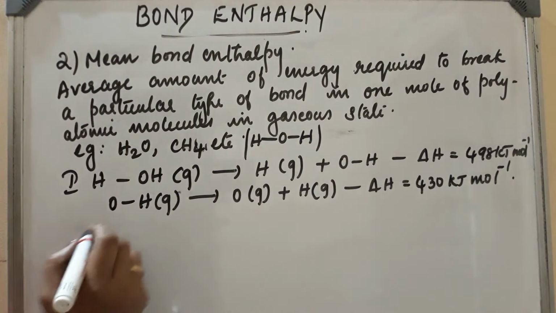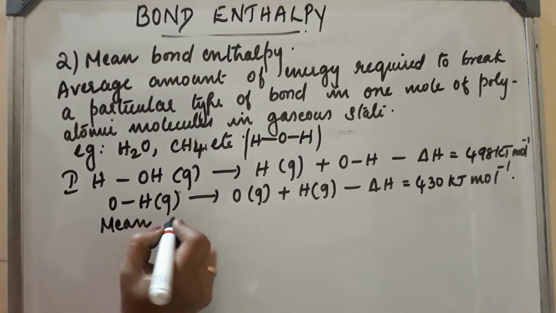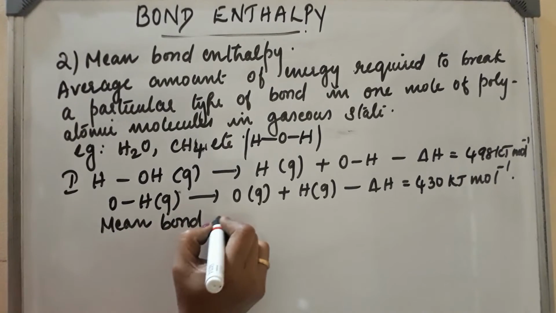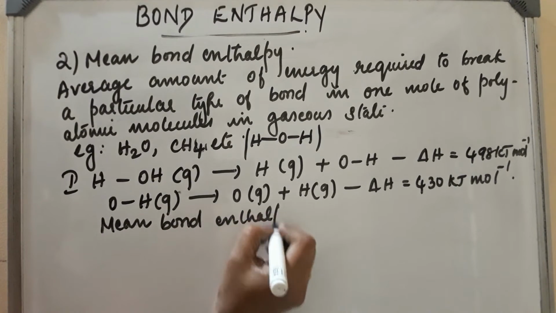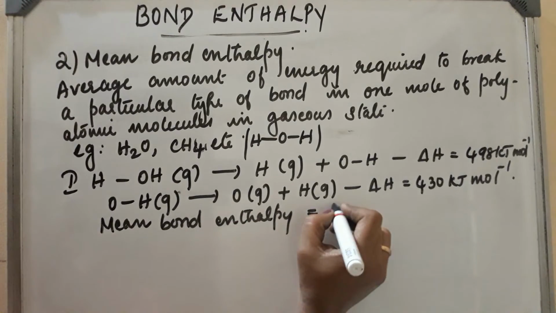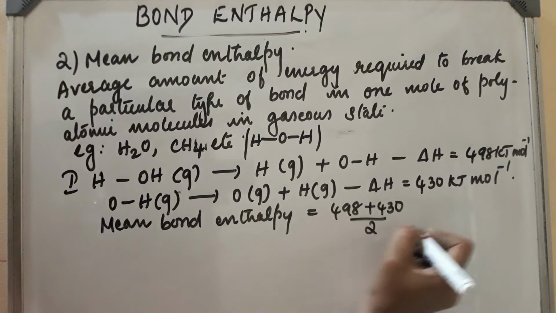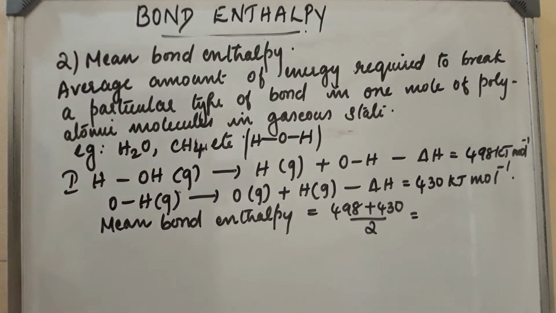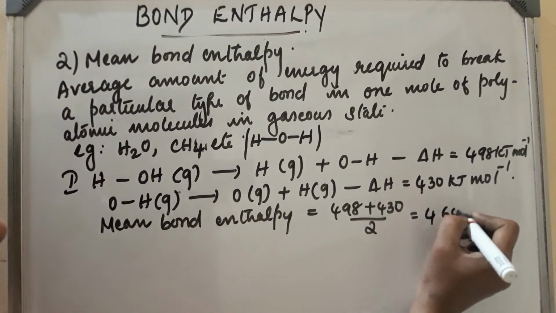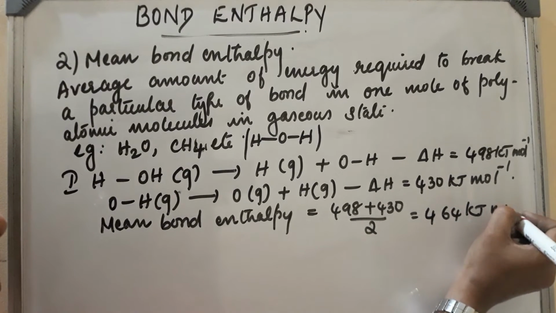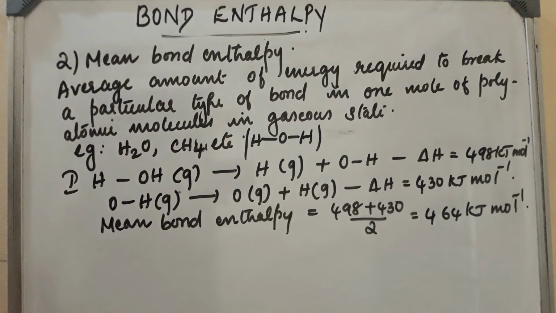Now we have to find mean bond enthalpy. The average of these two. That is 498 plus 430 by 2. Like this we can find the bond enthalpy, 464 kilojoule per mole. Okay. So this is an example.